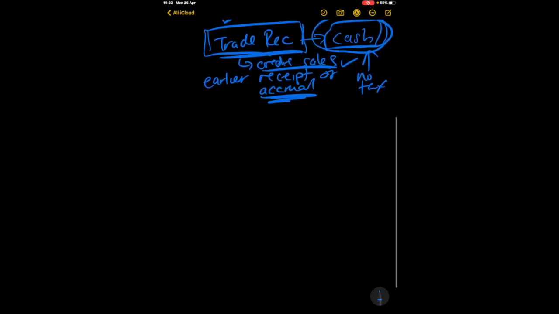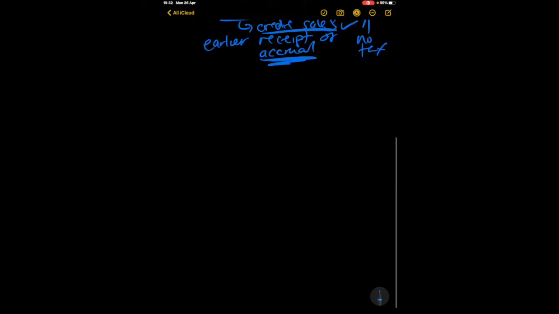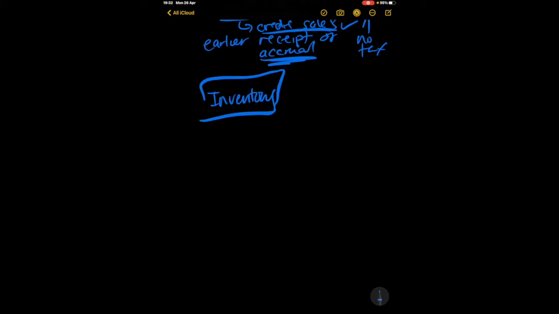Now let's think of another example. So let's say I have inventory. Now, I've got to think about the future economic benefits of inventory. So what's the benefit of having inventory? Well, the inventory will be sold in the future, and then the profits are going to be taxed.